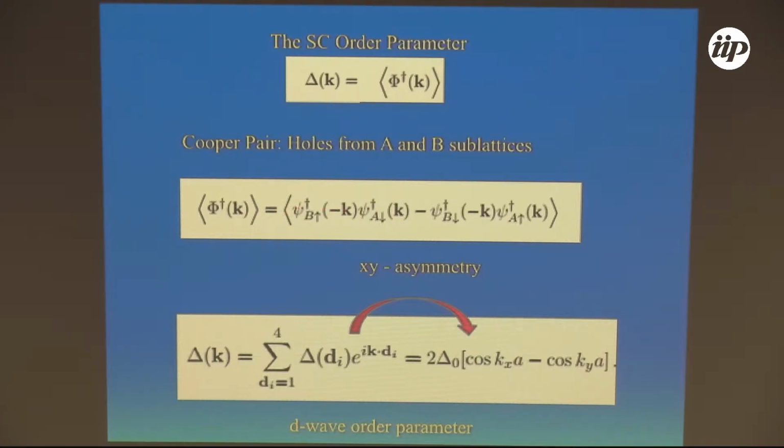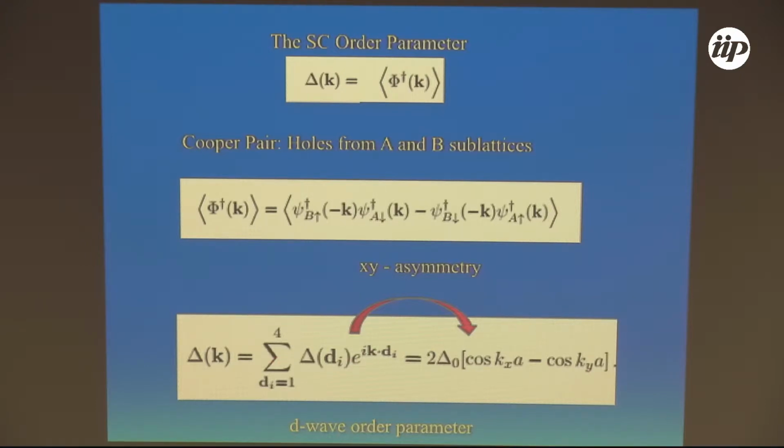So this is the Cooper pair expectation value. And you see it involves holes belonging to different oxygen sublattices. And delta of k is this Fourier transform here.